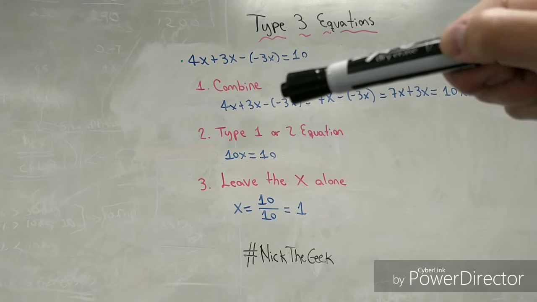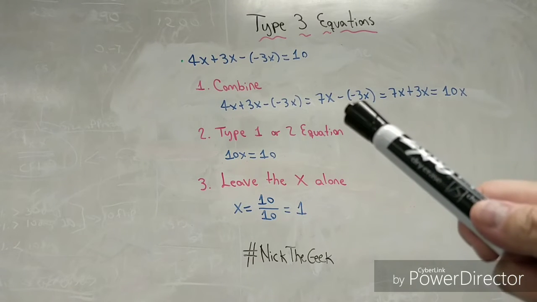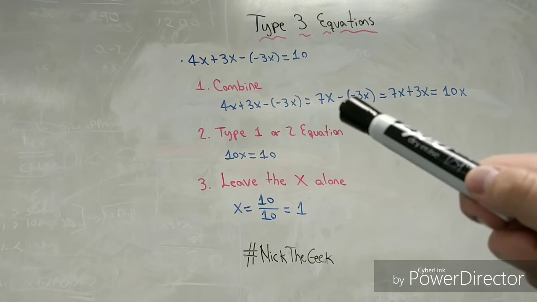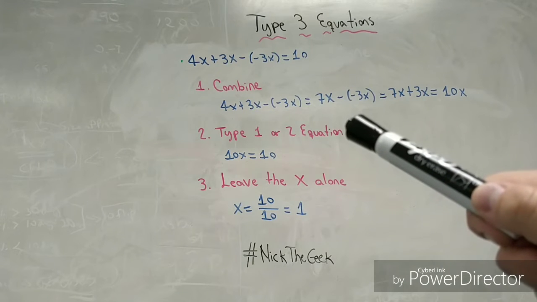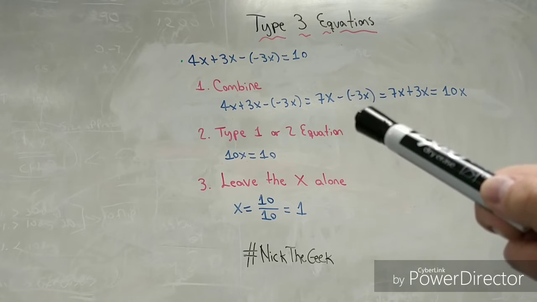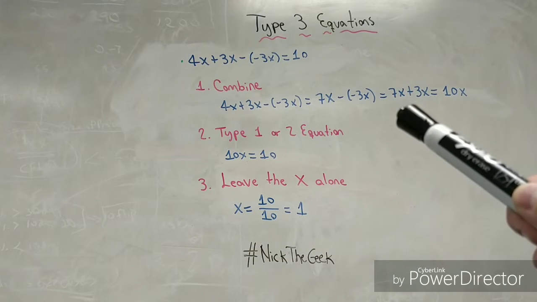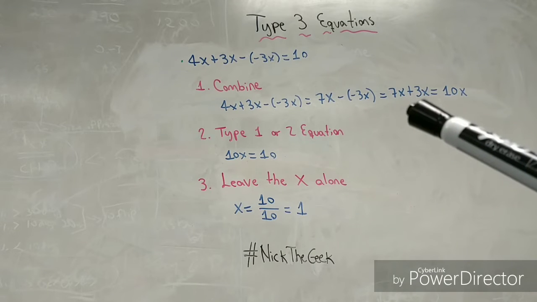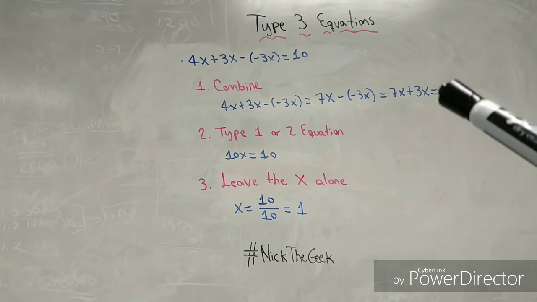This part remains the same. Now, minus times a negative number is going to be positive. Minus times minus is going to be positive. So this is going to be 7x plus 3x. 7 plus 3 equals 10, and x remains the same, so it's going to be 10x.